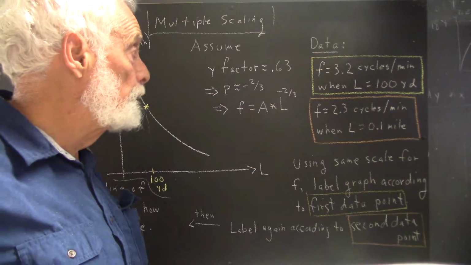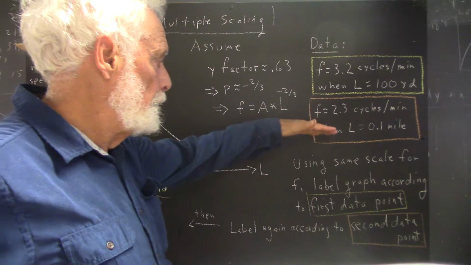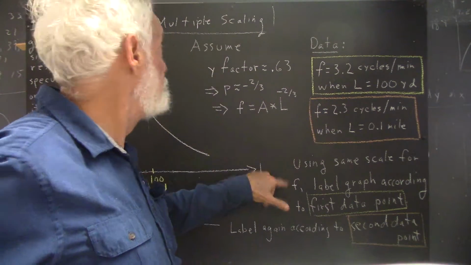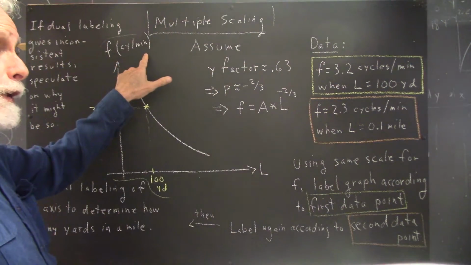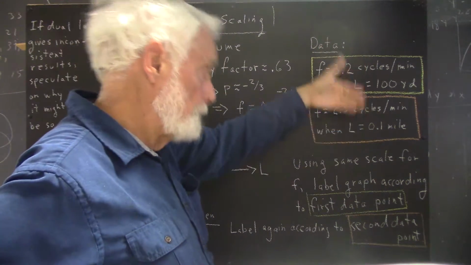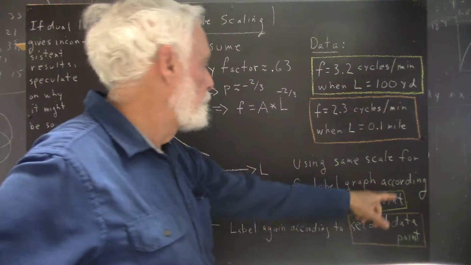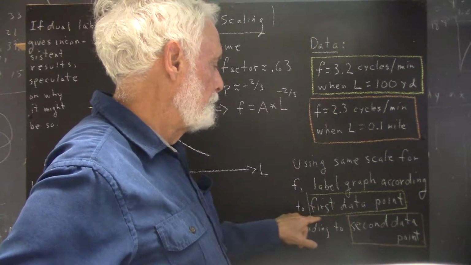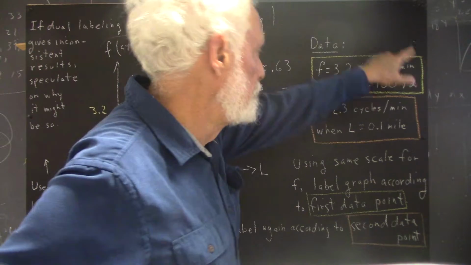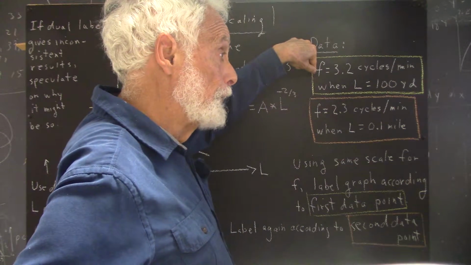Okay, so we have this. Now, what am I asking you to do? I'm asking you to use the same scale for the frequency. The scale, I've already labeled it, is in cycles per minute for both of these, so it's sensible to use the same scale for frequency. I want you to label the graph according to the first data point. That's circled in yellow, so this is what I mean by the first data point.